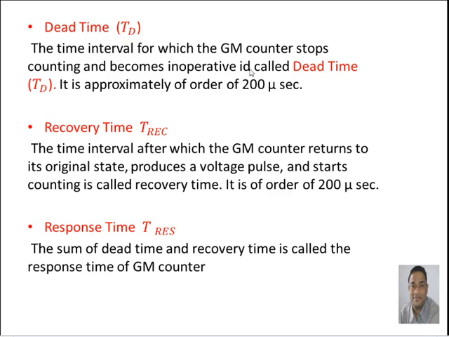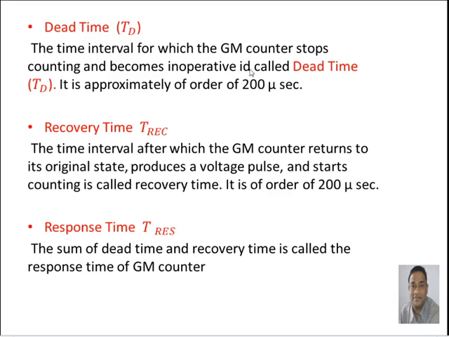We have seen that when a charged particle enters a GM tube, it collides with the argon atom to produce ionization. And when ionization takes place, an electron and a positive ion are produced. The electrons are quickly accelerated toward the positive anode, while the positive ions are heavy and bulky.